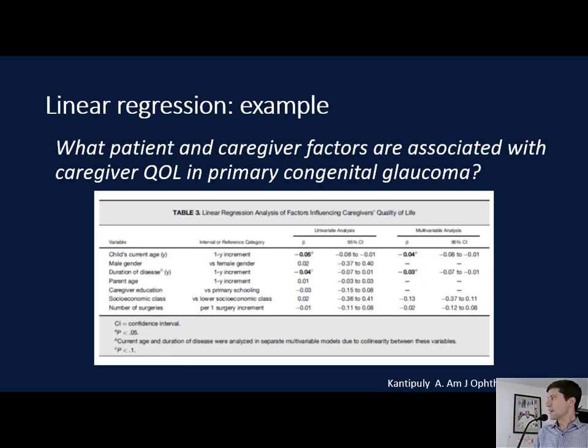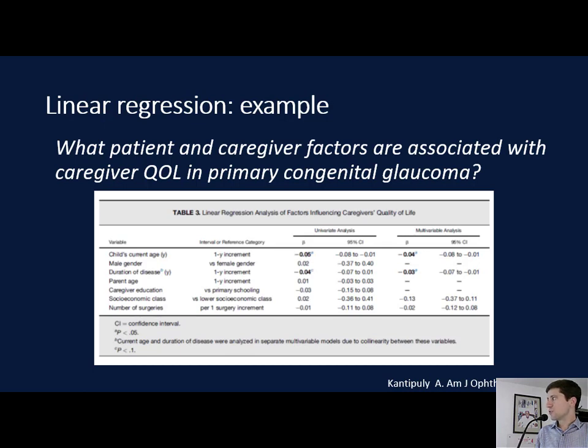And I guess this came out kind of illegible on the screen here. But what we see is we get our beta coefficients. These are the slopes of our line. Going back to the question from before, we have 95% confidence intervals around those slopes. And here's what we're measuring: child's age, gender, duration of disease, patient age.